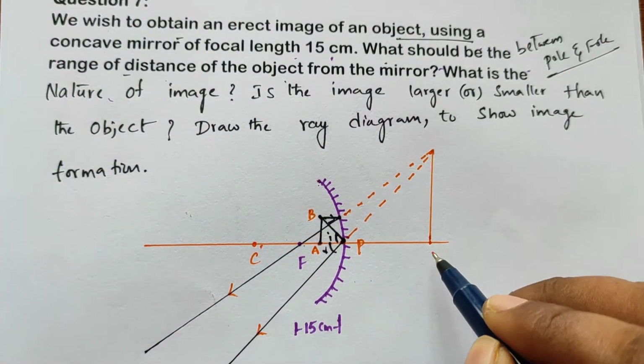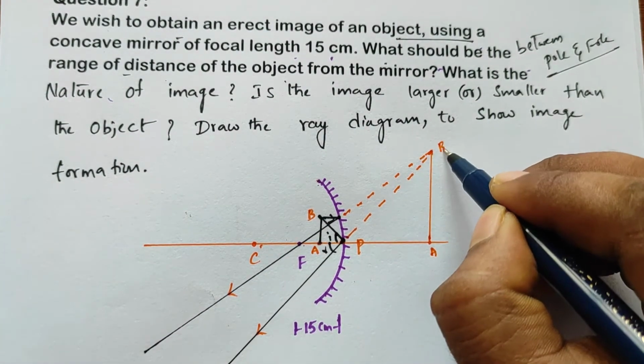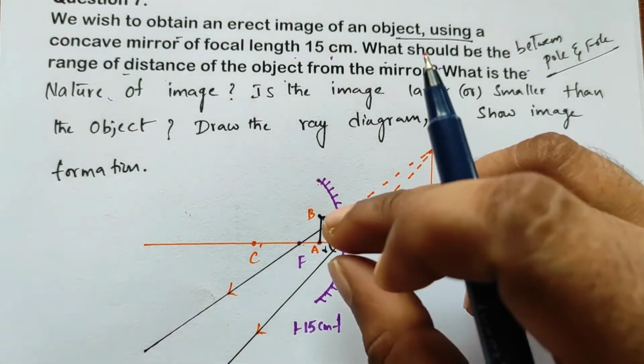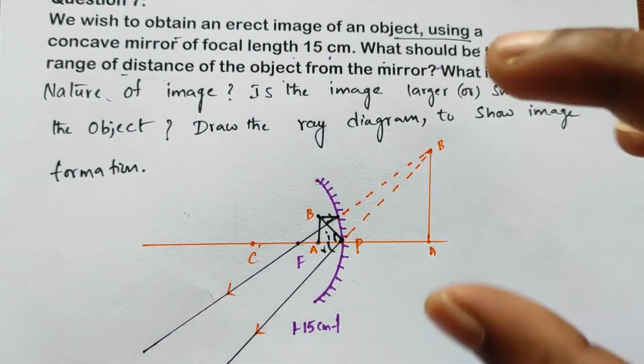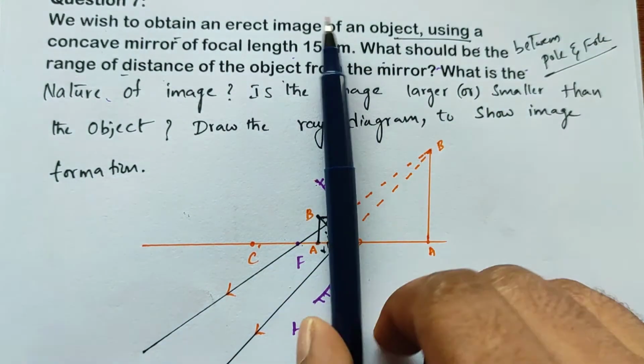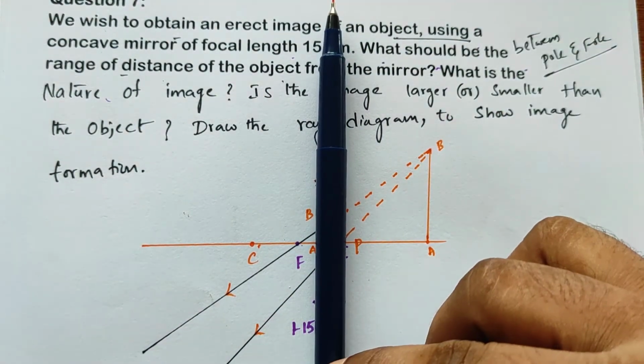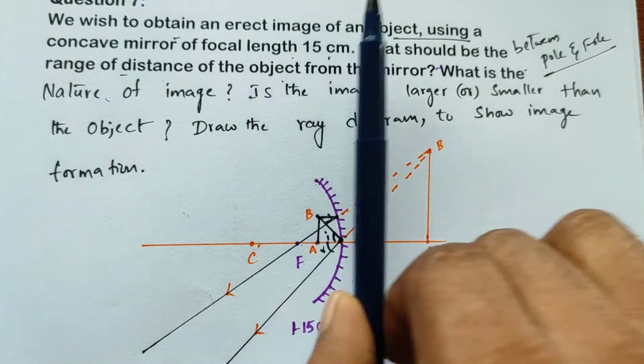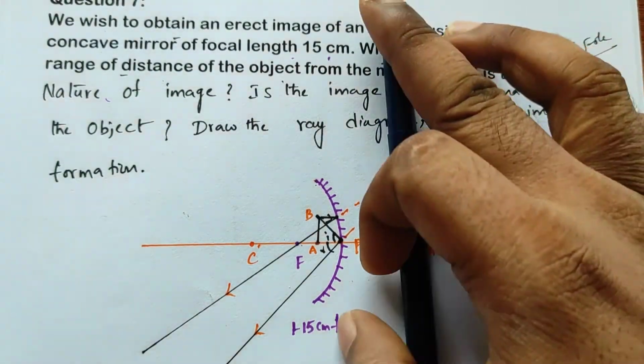For the image, A is the foot and B is the head. You can see the object is small and the image is big, magnified.